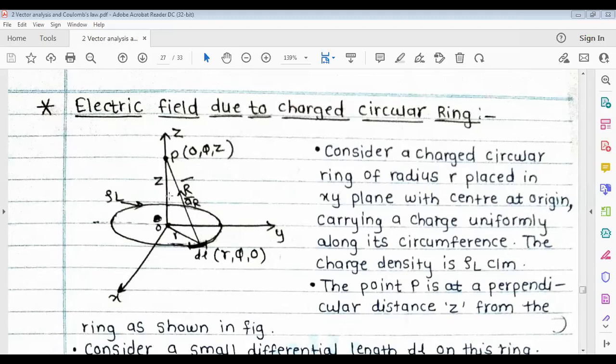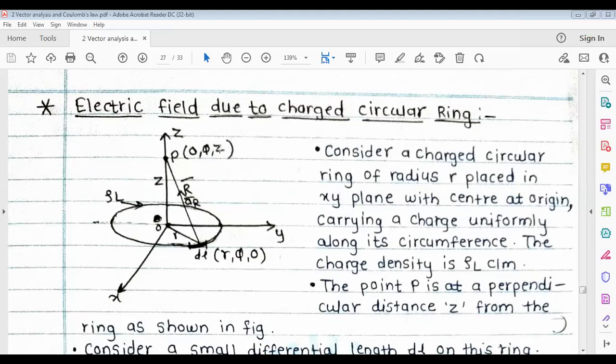Again we are finding the electric field intensity at point P. At point P, the r coordinate is 0 because this z line is the center of your cylinder, and at the center, radius is equal to 0. The second coordinate is phi, which is present because this angle phi is along the z-axis.